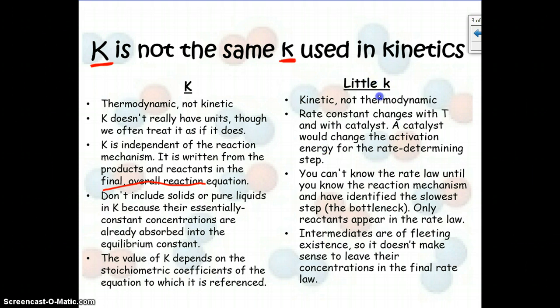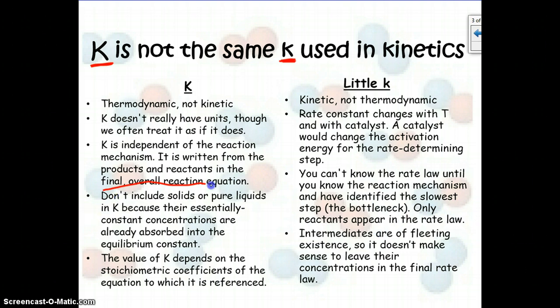Little k, the rate constant, changes with the temperature and with the catalyst. A catalyst would change the activation energy for the rate determining step. And with little k, you couldn't write the rate law until you knew the reaction mechanism and had identified the slowest step. Only the reactants could appear in the rate law.